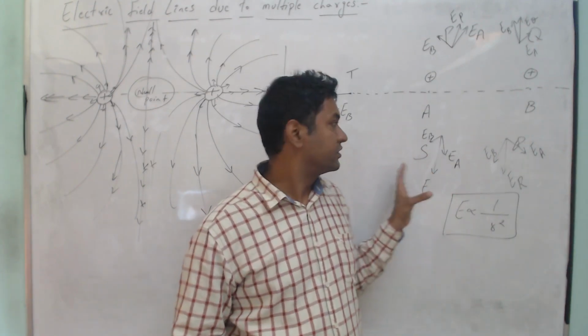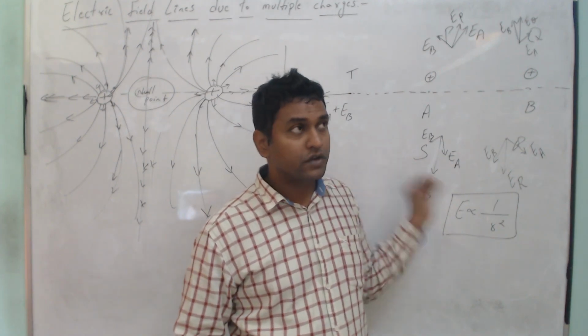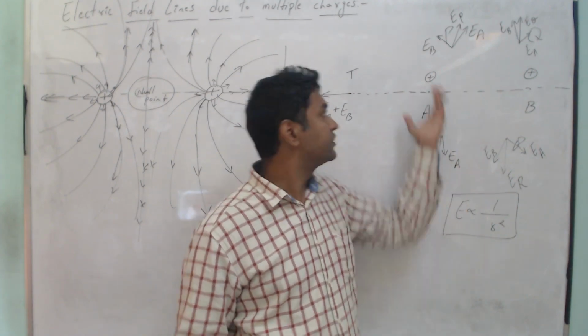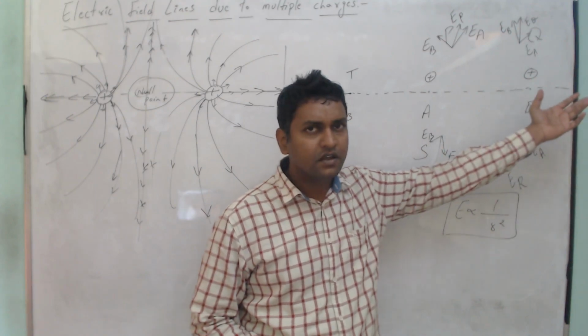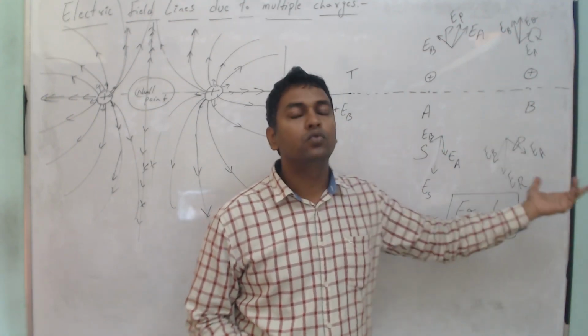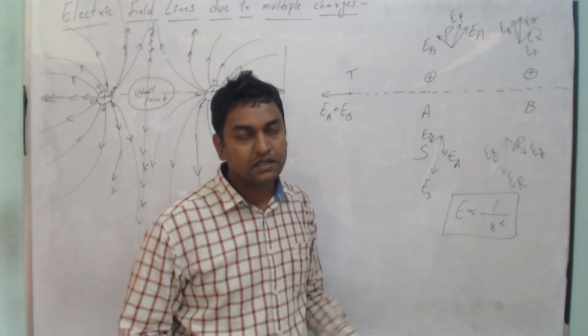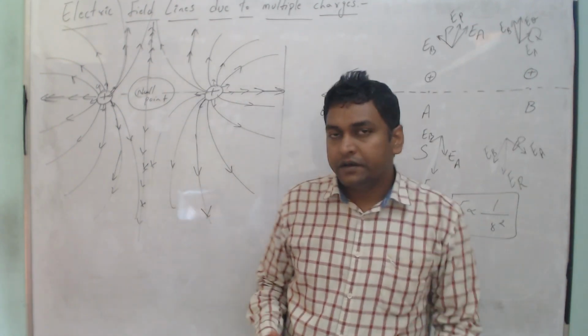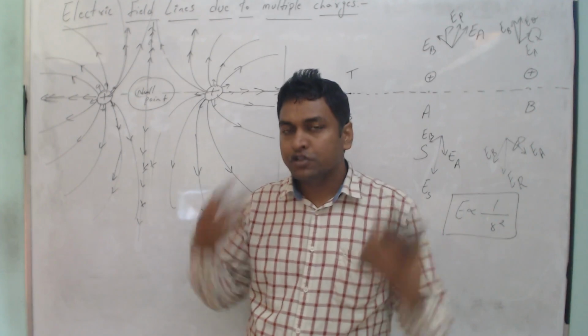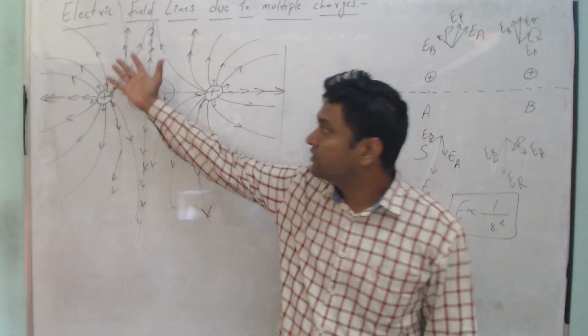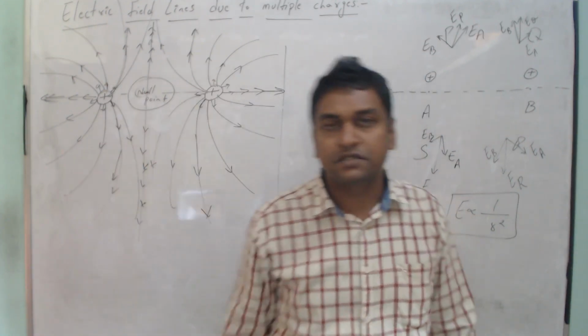Understood? This is not exactly specific because we did not mention how much charge is there, but more or less this is how we can figure out for any number of charges. And an extrapolation of that imagination will give you this.